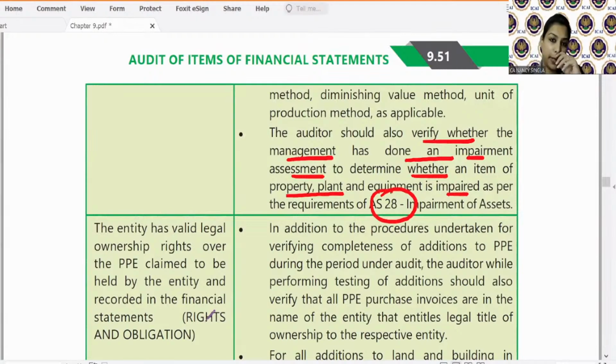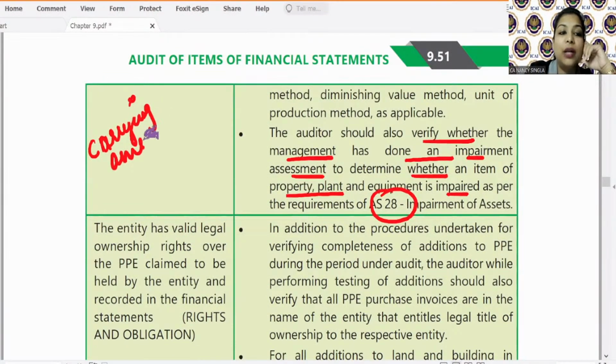Now what is impairment? See, the carrying amount, that is the amount at which the asset is coming in the financial statement, in the balance sheet.